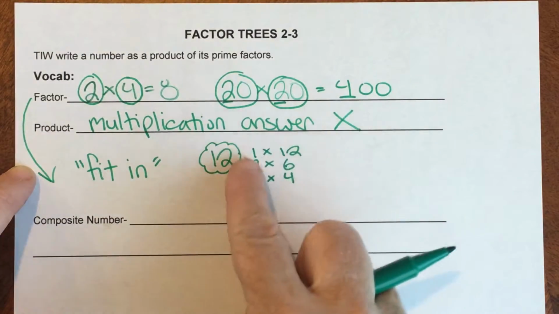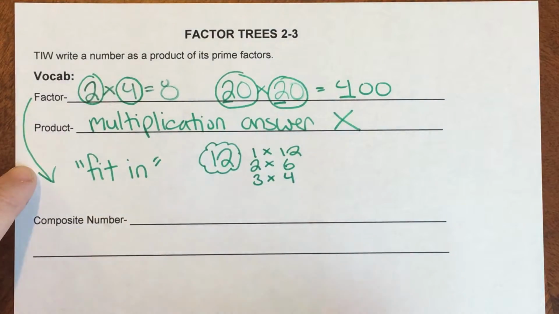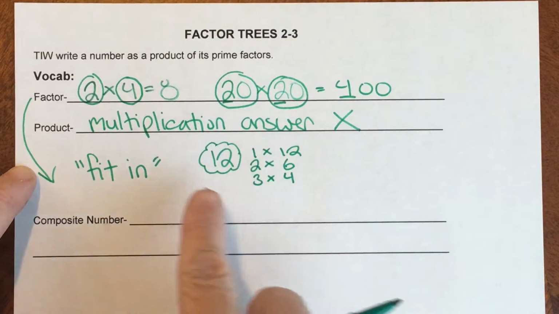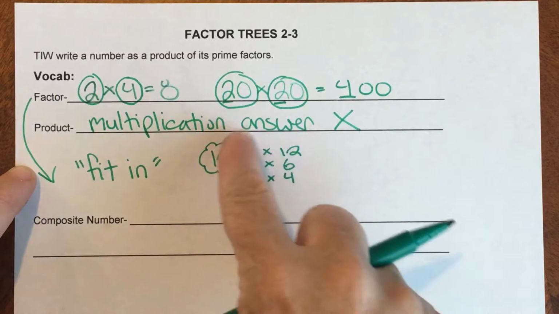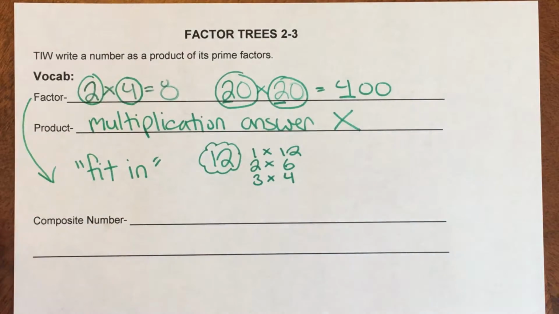And I'm going to stop right there, but all those are factors that will get me this product. So these numbers all fit into this perfectly: 1 fits in perfectly, 2, 3, 12, 6, and 4. 5 does not fit in perfectly. 5 will fit in 2 times, but then I would have some left over. So factor and product work together.